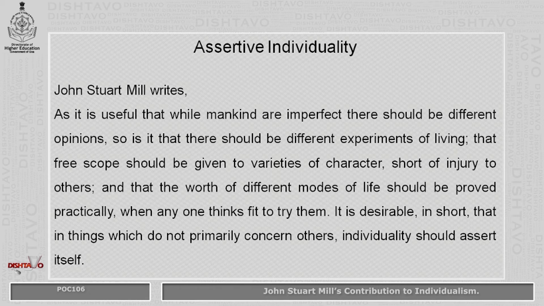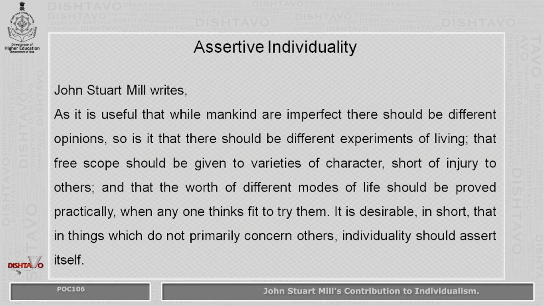That free scope should be given to varieties of character, short of injury to others, and that the worth of different modes of life should be proved practically when anyone thinks fit to try them. And that's why it is desirable, in short, that in things which do not primarily concern others, individuality should assert itself.